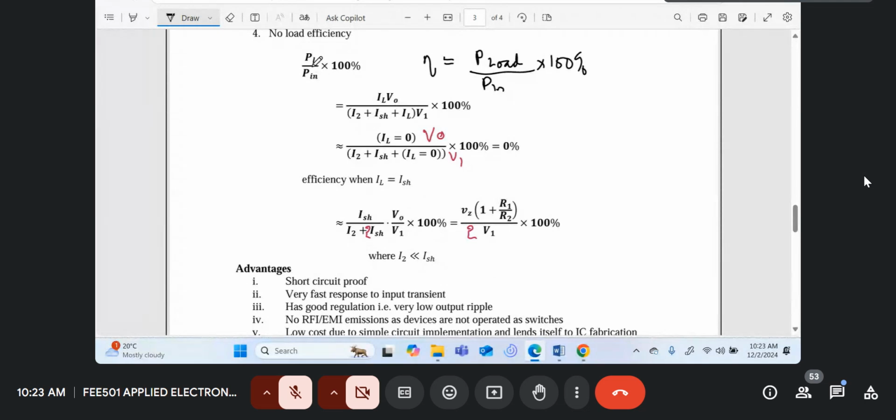So from the equation, efficiency is P load divided by P in times 100%. But in this case, IL is I shunt.